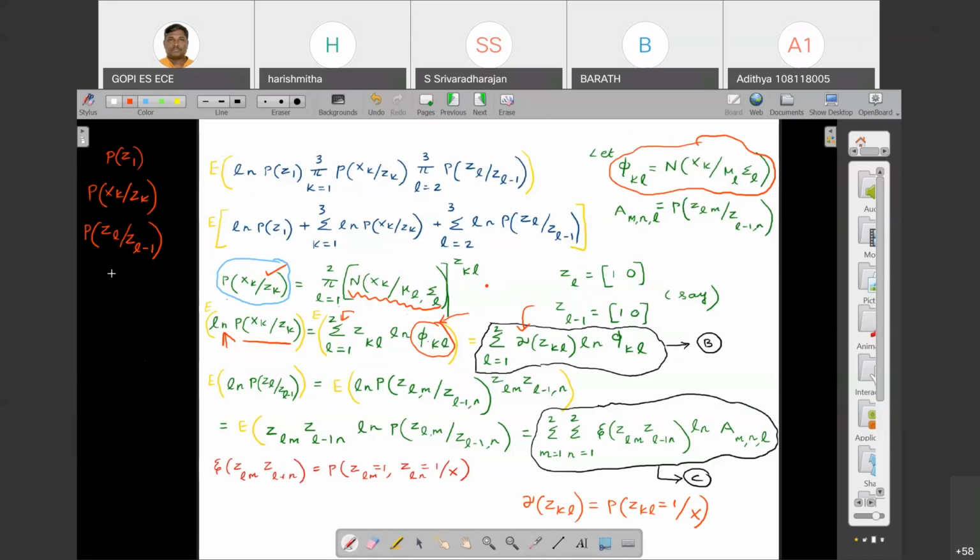It is like the L minus 1th state to the Lth state. So that is a transition. It's actually the L minus 1th vector. So let me write that once again. So it is like this.